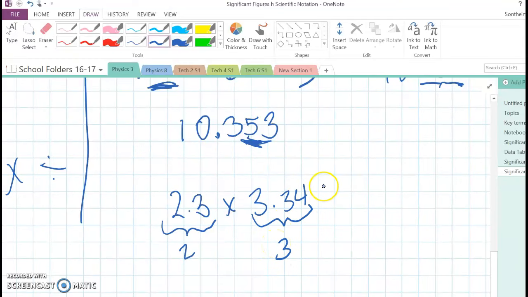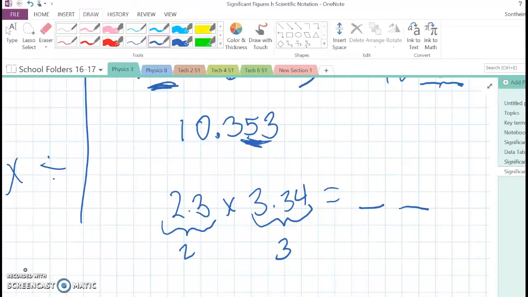So whatever your final answer is, it will only have 2 significant figures. I would accept using a calculator on these, so don't hesitate to pull out your calculator unless you want to do it by hand. I will always allow you to use your calculator.